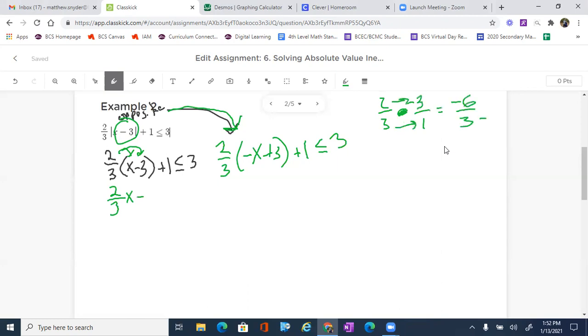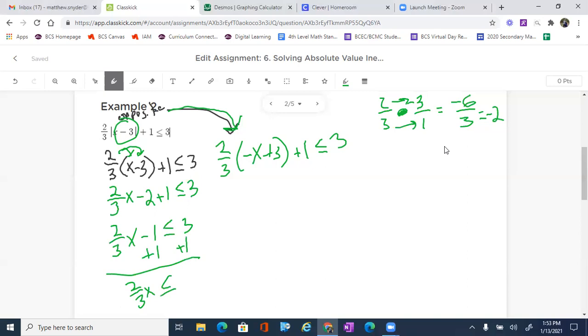Negative 6 divided by 3 is negative 2. So I write minus 2 plus 1 is less than or equal to 3. Then I keep solving: 2/3 x, negative 2 plus 1 is negative 1, less than or equal to 3. And then we add 1 over. We get 2/3 x less than or equal to 4.